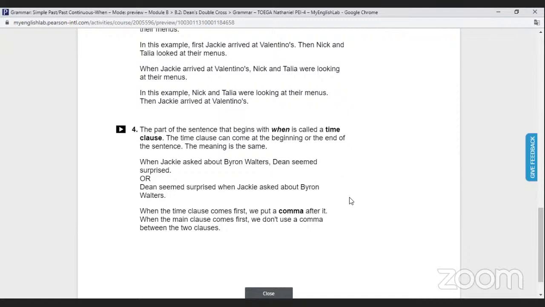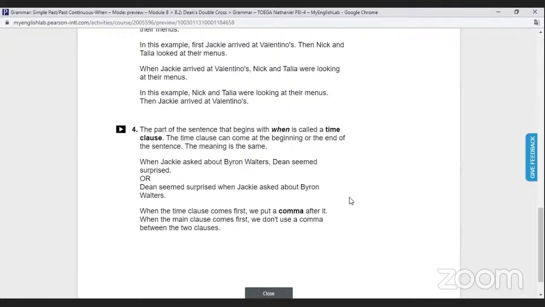Read the example, please. When Jackie asks about Byron Walters, Dean seems surprised. Or Dean seems surprised when Jackie asks about Byron Walters. When the time clause comes first, we put a comma after it.